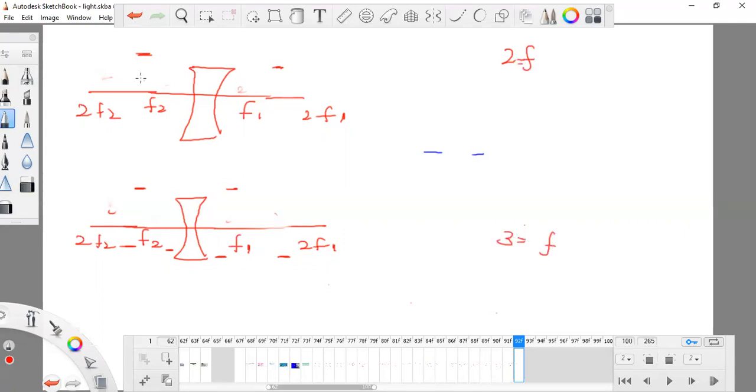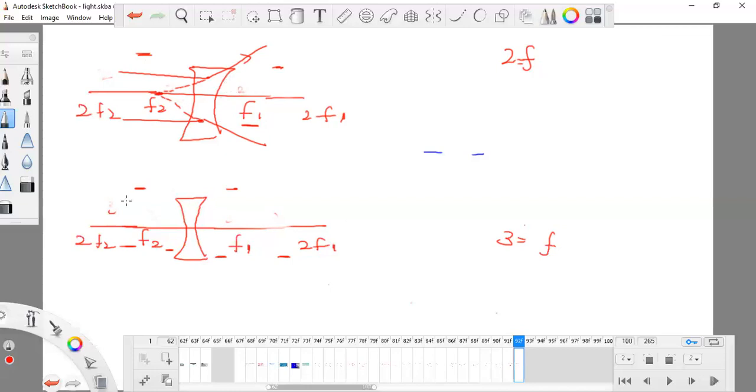So the one with lesser focal length will diverge more, it has more diverging capacity. It will not allow light rays to come to the principal focus, but as per the rule, the light ray which is parallel should meet at one focus. That's why 10% of the light ray will get back, otherwise it is diverging.